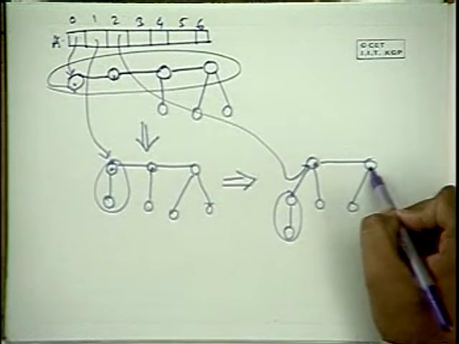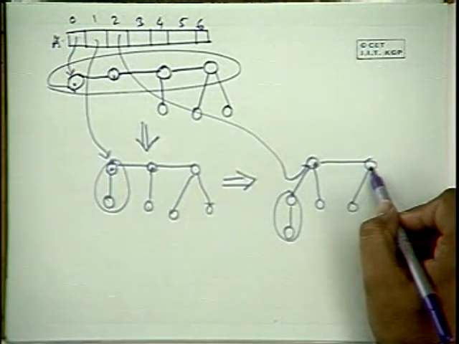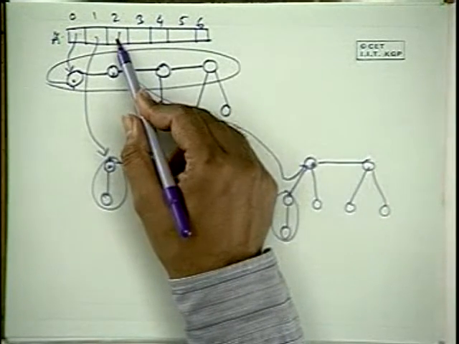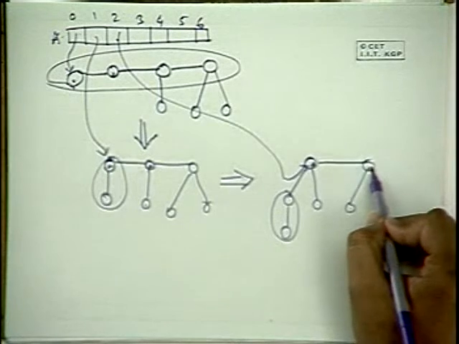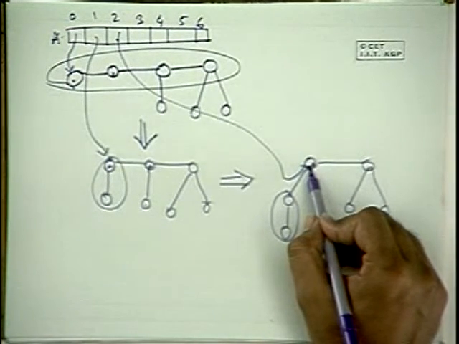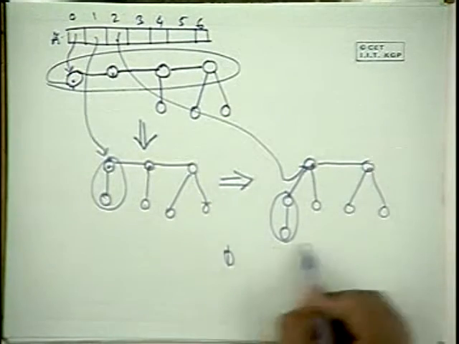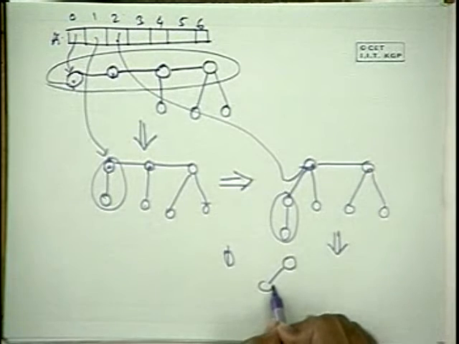Now I check the next node. Its degree is 2 again, so A2 is occupied. So I need to link this node with this node, because both have degree 2. Immediately the situation becomes, after this, a single node.